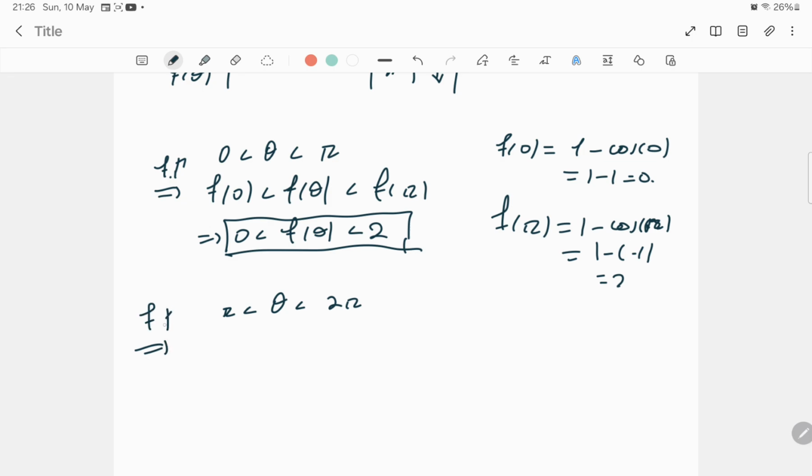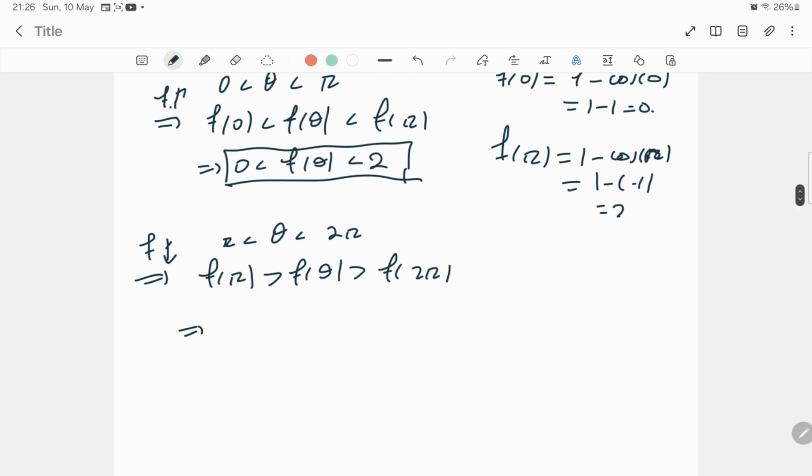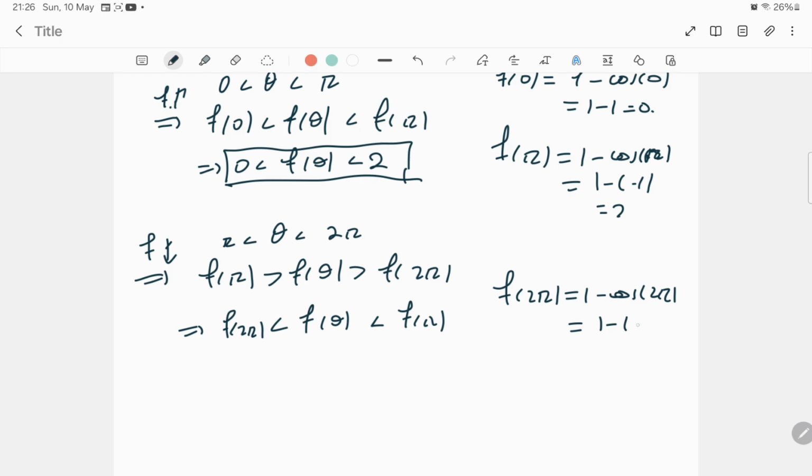And now let's take this interval from pi to 2 pi. f is a monotonically decreasing function. So I can flip this: f of theta is bigger than f of 2 pi and less than f of pi. f of 2 pi is 1 minus cos 2 pi, so that's going to be 0.